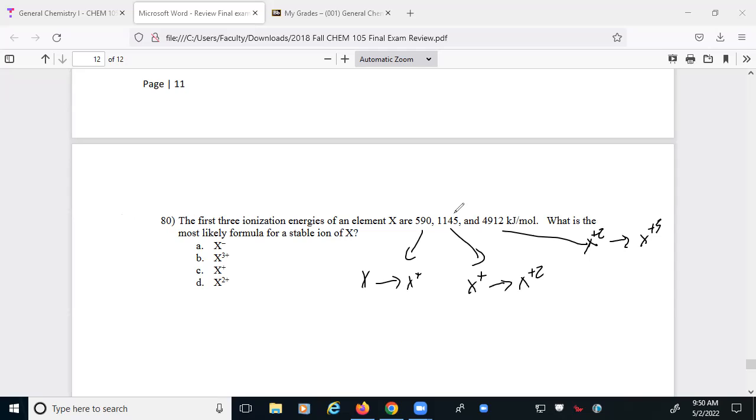So these were valence electrons. This was a core electron. There are only two valence electrons. Then we are talking about an alkaline earth metal. Alkaline earth metals have what kind of charge usually? +2.